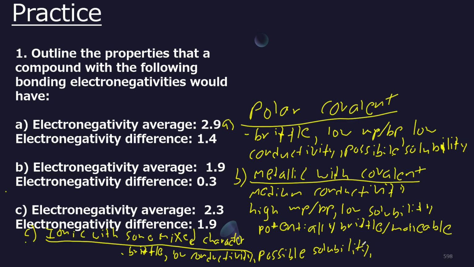And high melting boiling point, most likely. This is probably still a crystal. All right, so those are some brief outlines of how we would predict the properties of these things just based on the electronegativities of the atoms involved.